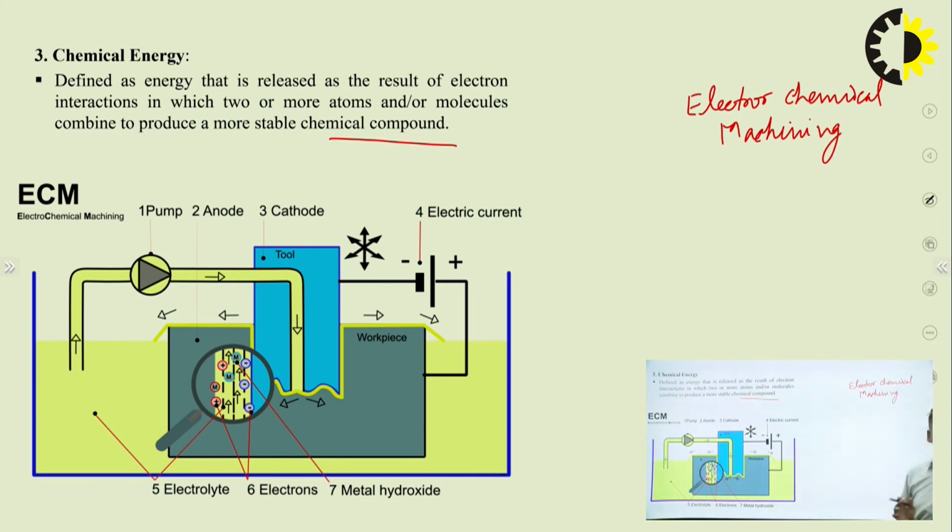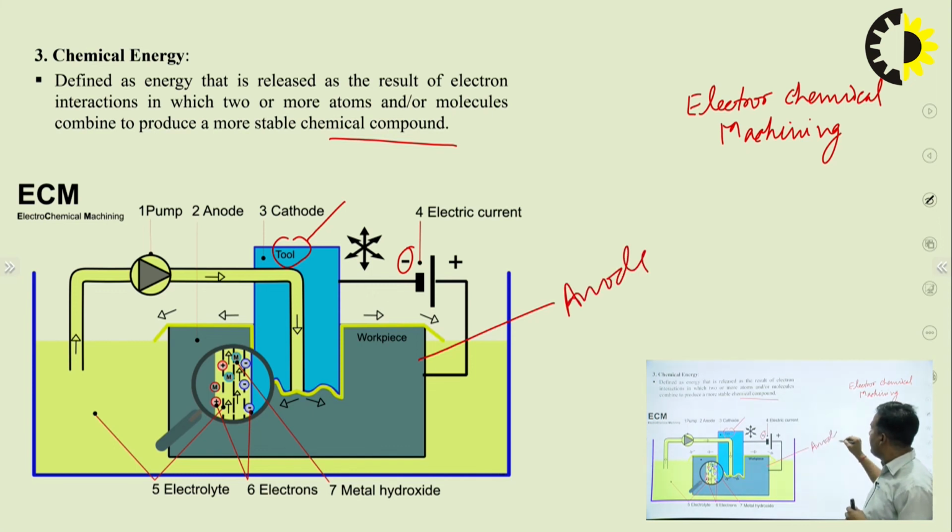So electrochemical machining. So in this, what is there? There is a tool, and this is at cathode, negative potential. The second is the workpiece, and this is at anode, at the positive potential. So there is a gap between the tool and the workpiece, and we have to maintain this gap.